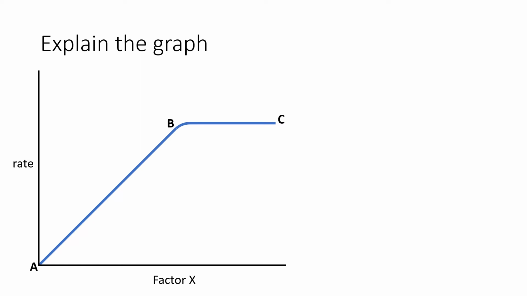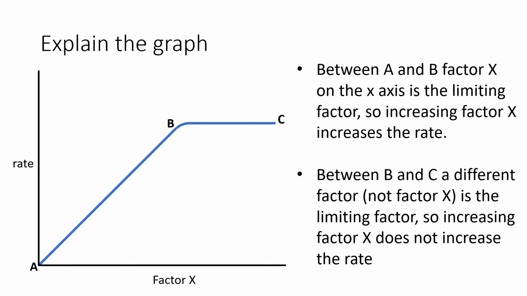So once again, we'd use the different lines in terms of A, B, and C, but this time we'd say that between A and B, increasing factor X increases the rate, and the reason it does that is because we have factor X as a limiting factor.